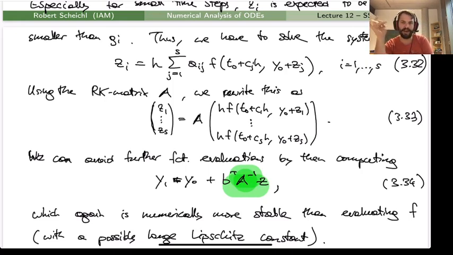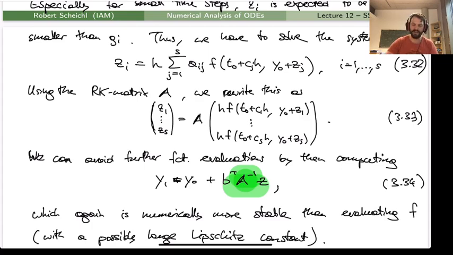Okay, so now we have all ingredients ready. We have discussed stability conditions. We have discussed the general form of an implicit Runge-Kutta method. We have discussed what certain barriers we have, and we found that we can get better consistency orders than with explicit Runge-Kutta methods by designing implicit Runge-Kutta methods.